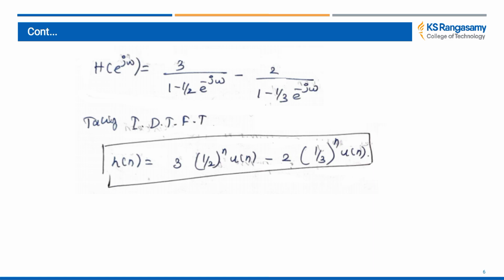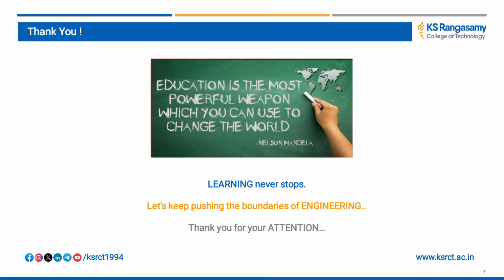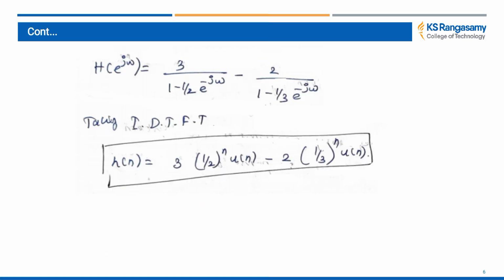So we get 3 into 1 by 2 the whole power n u of n, where 3 is the common coefficient for the first term. Then minus 2 into, instead of a, we have 1 by 3. So minus 2 into 1 by 3 the whole power n u of n. That is the generic equation. So this is how we have found h of n.